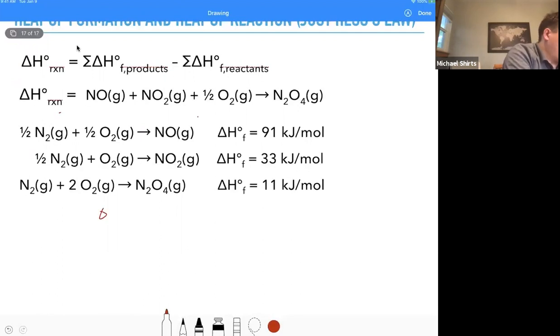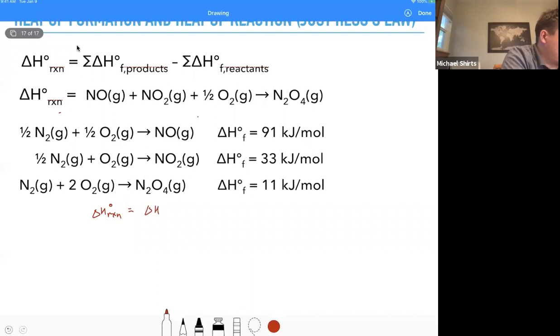So we have delta H reaction, standard state, because heats of formation are at standard state. So when we plug these into the formula, we're going to get something that's a standard state reaction too. So in this case, there's just one product.